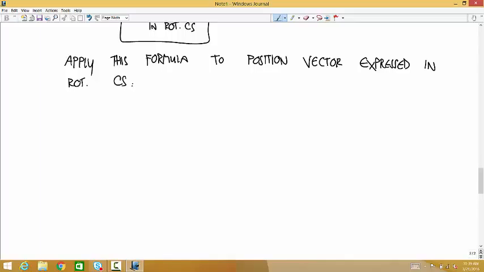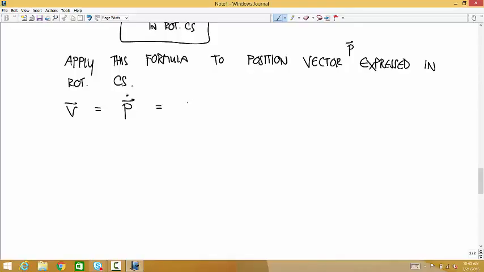So what's the velocity vector? Apply this formula. The position vector is what I'm going to call P. This velocity vector is equal to the total time derivative of P.